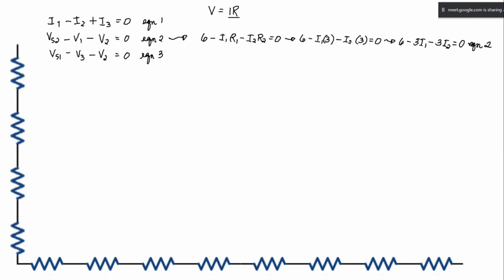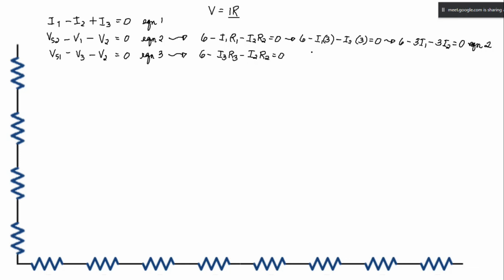Kung mapapansin po ninyo, sa equation natin, puro I na. So, magagamit na po natin siya mamaya kay equation 1. Diba? Ang saya-saya, no? Nice, no? So, V sub S1, that's 6, minus V sub 3, that's I sub 3 times R sub 3, minus V sub 2, I sub 2 times R sub 2, equals 0.